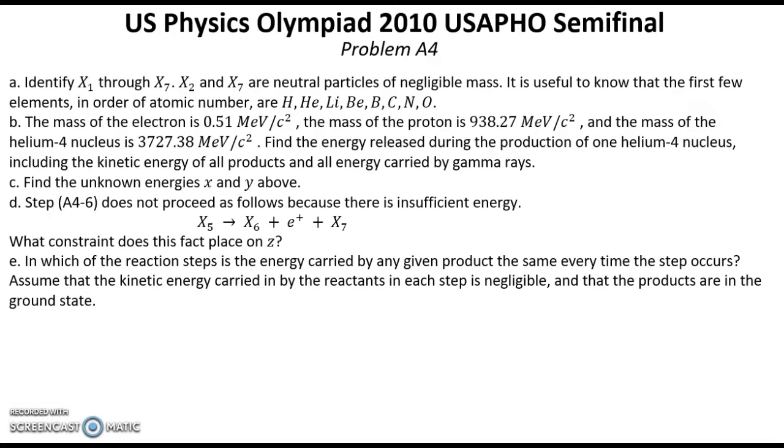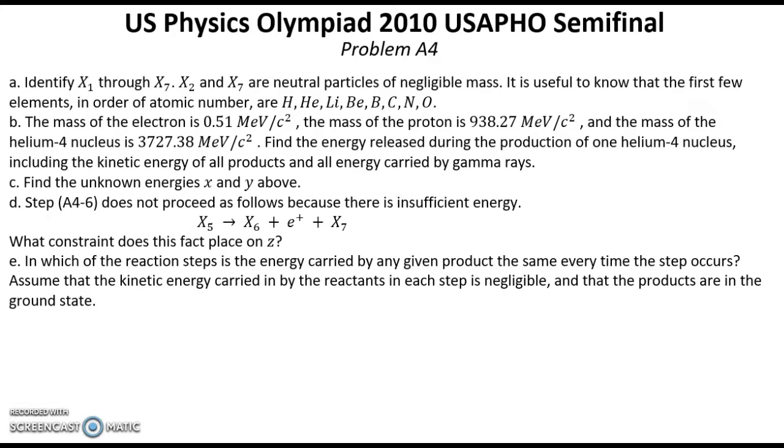Question B. The mass of the electron is 0.51 megaelectron-volt per c squared. The mass of the proton is 938.27 megaelectron-volt per c squared, and the mass of the helium-4 nucleus is 3727.38 megaelectron-volt per c squared.